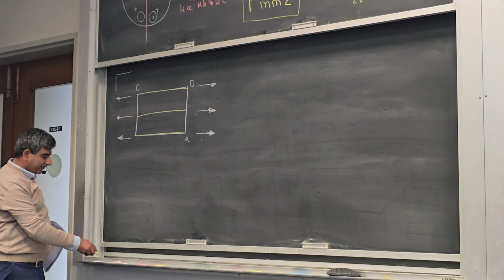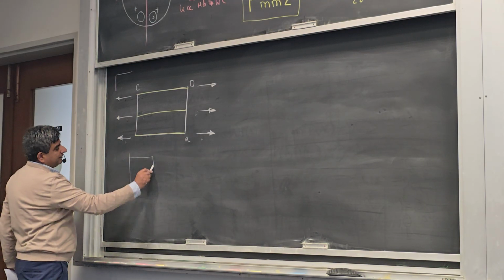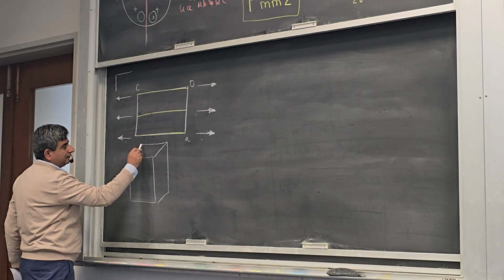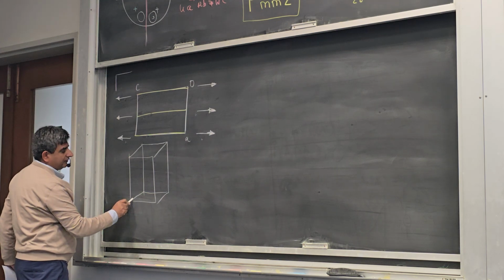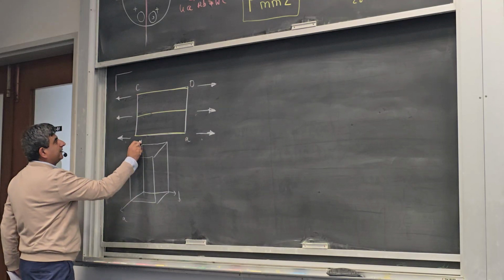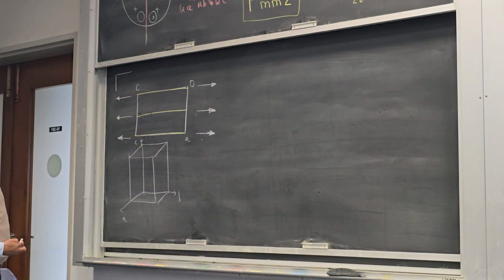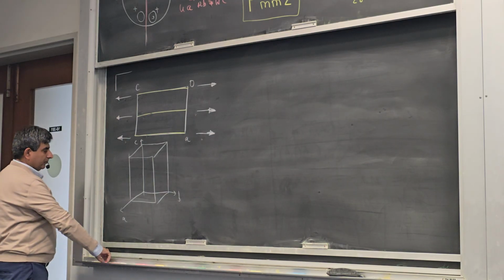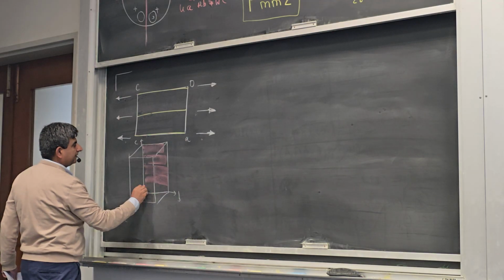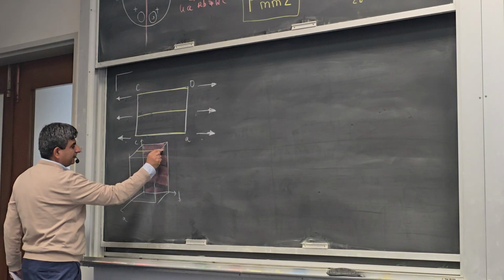So if I were to draw a diagram of the orthorhombic cell, A, B, and C. So this is this thing. So AC has this mirror plane at the back, and there is a mirror plane here.